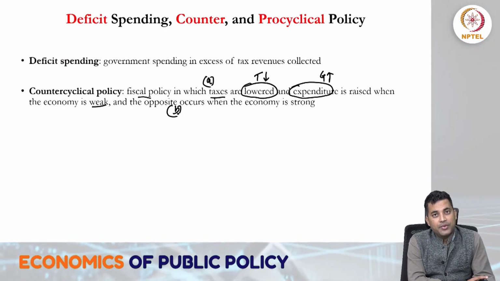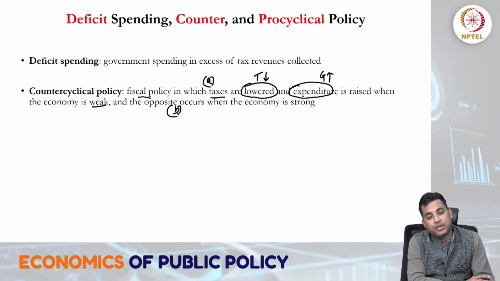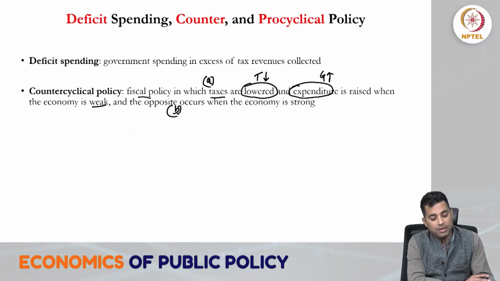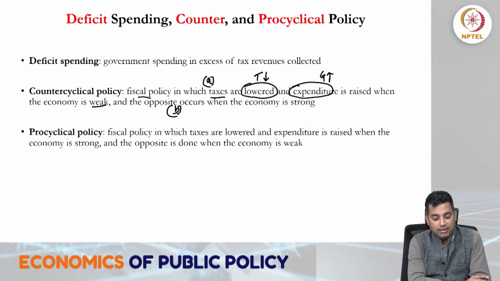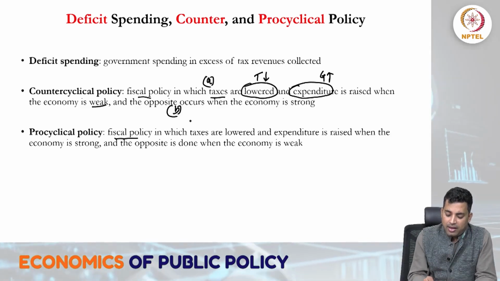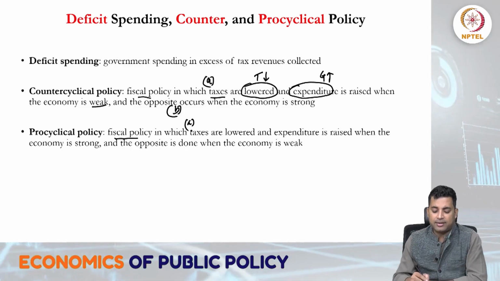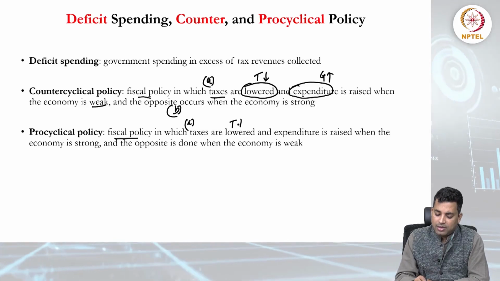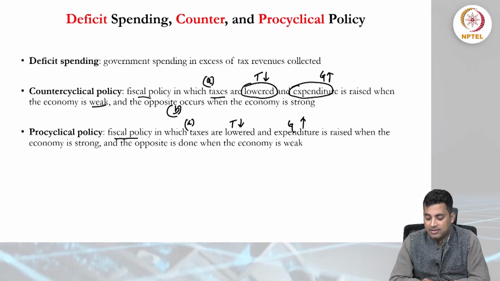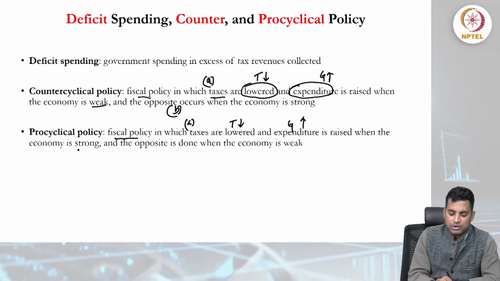Now there is another policy, the pro-cyclical policy. Again, these are types of fiscal policy. In another situation, taxes are lowered and government expenditure is raised when the economy is strong.